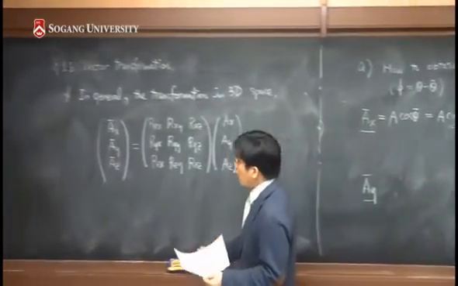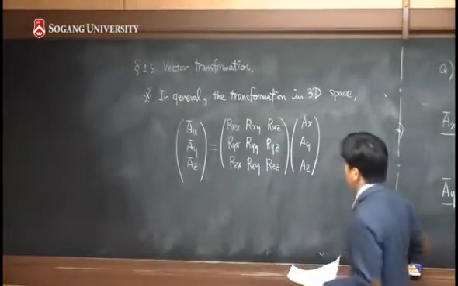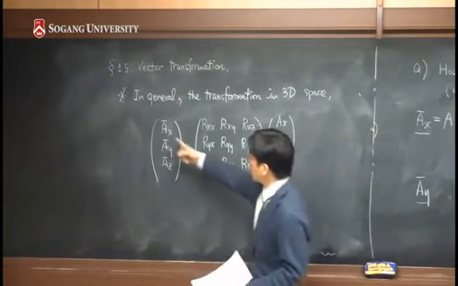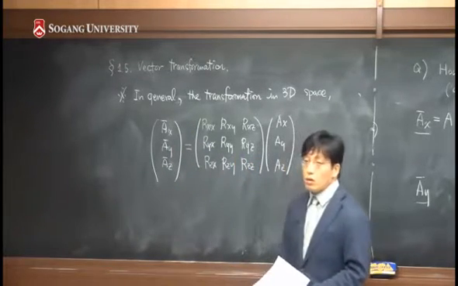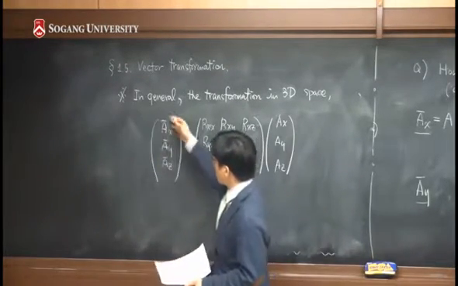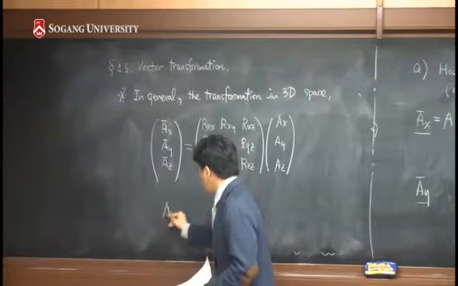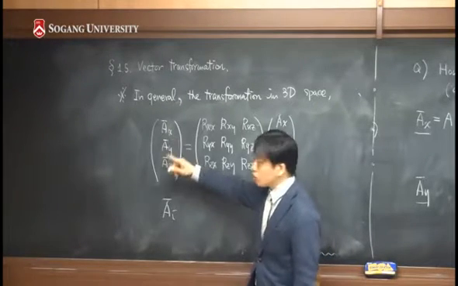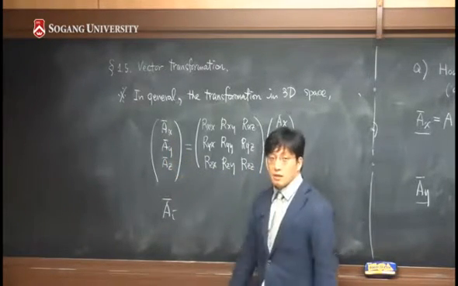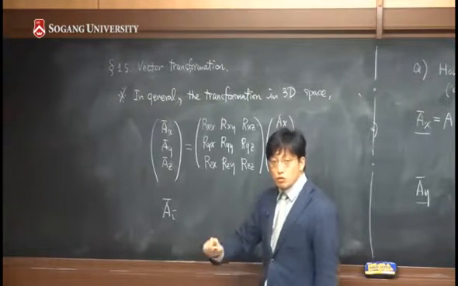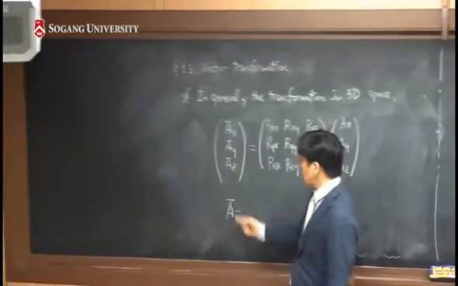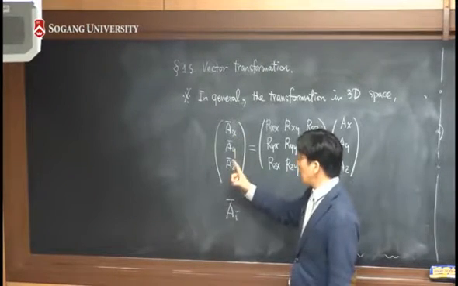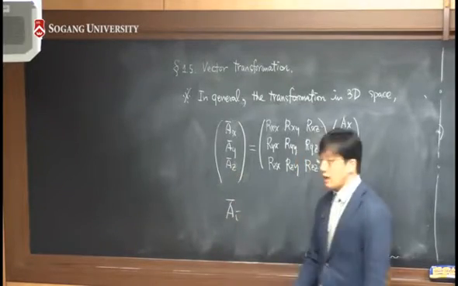The other way to write this in a simpler way is using indexes. Rather than writing all the components, we can symbolically write all this in a simpler way, like a bar i, where this i can be changed into the values x, y, z, or sometimes we use numbers rather than x, y, z, so i can be 1, 2, 3, by denoting 1 as x, 2 as y, and 3 as z. Okay?